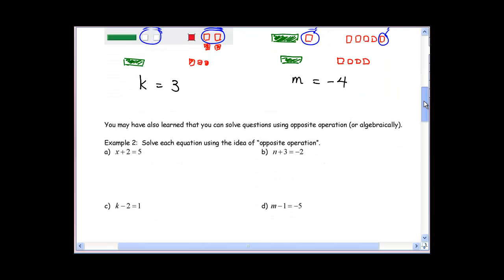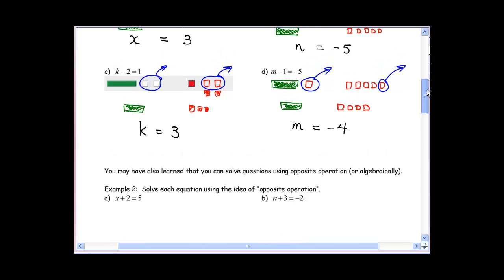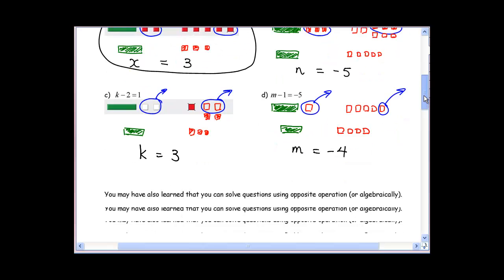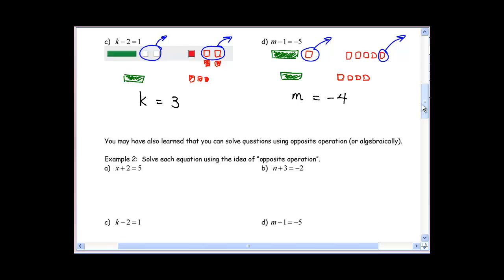Okay. Now what do you notice for 2a? x plus 2 equals 5. Well, that's the same as this one up here, right? x plus 2 equals 5. How did we solve this one? We removed 2 from both sides. So ultimately, we call this opposite operation because you see the plus 2 here? Well, we're trying to remove the positive 2, and we do that by subtracting 2 on both sides.